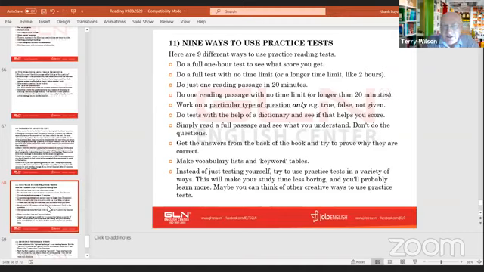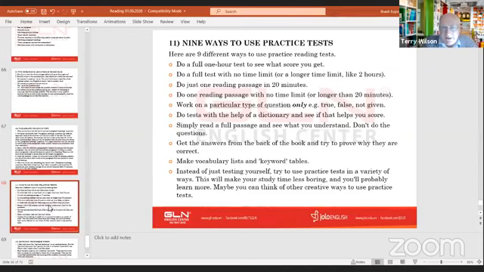Do tests with the help of a dictionary and see if it helps you. Simply read a full passage and see what you understand. Don't do the questions. Get the answers from the back of the book and try to prove why they are correct.